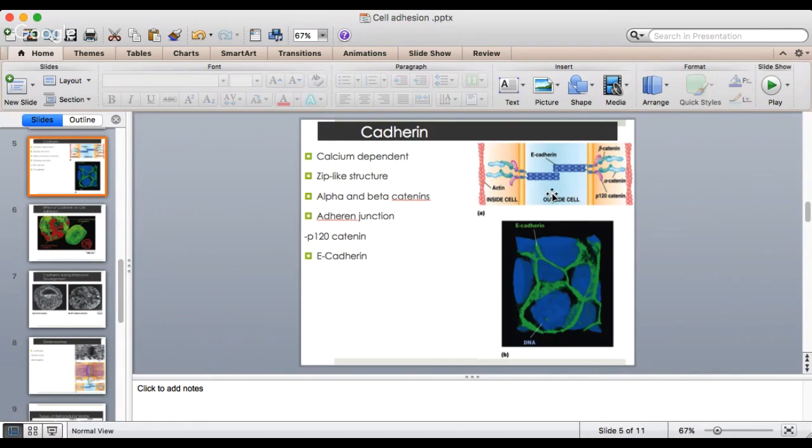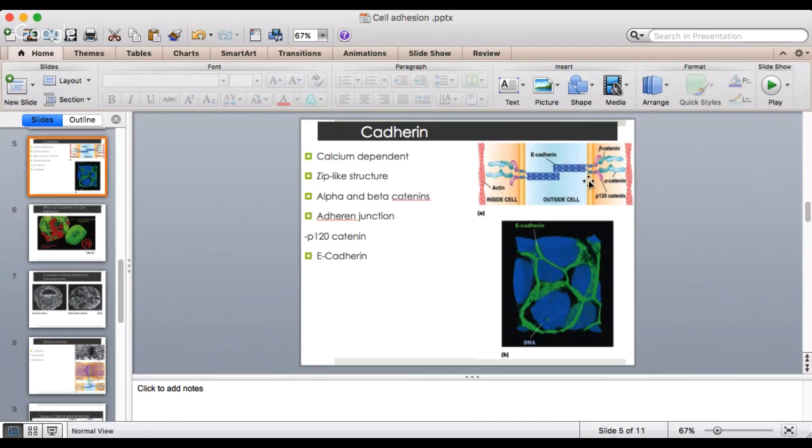Looking at part A of the figure, you see a cadherin, in this case E-cadherin, which has an extracellular domain, right here, that extends outside of the cell to interlock with a neighboring cell. The extracellular domain is in a belt or zip-like structure.